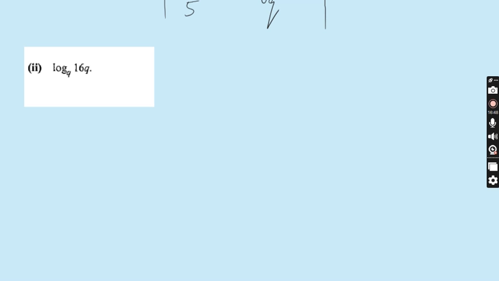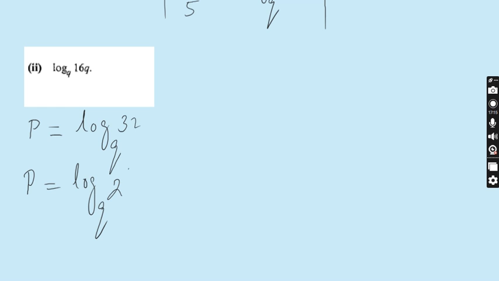Again, we have given p is equal to log q 32. So p is equal to, again we will do the same thing, 32 becomes 2 power 5, then p is equal to 5 log q 2.